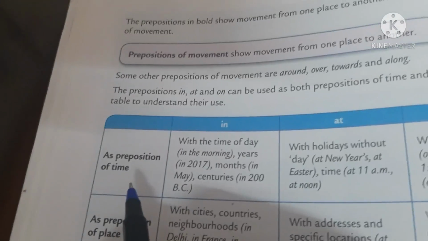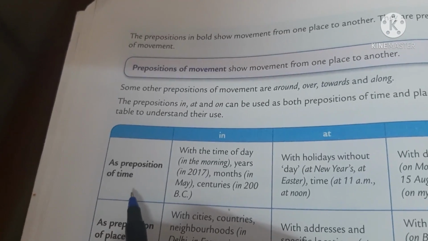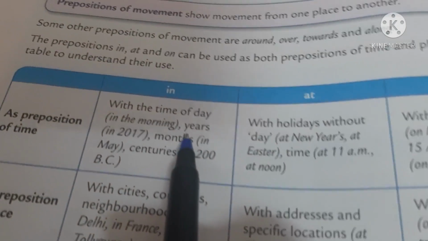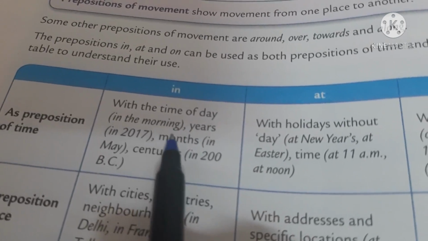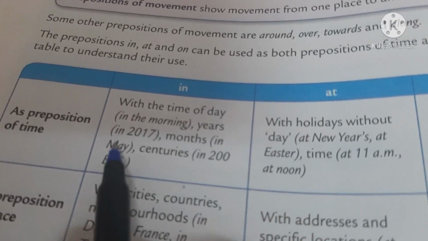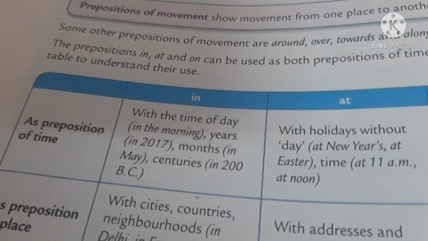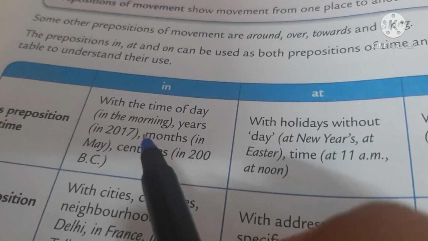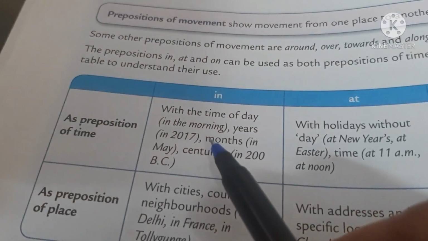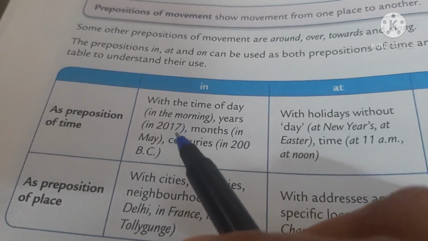So now coming to examples. As preposition of time. In, with the time of day, in the morning, years, in 2017, in May, in 200 BC. So these are the examples of in used as a preposition of time.